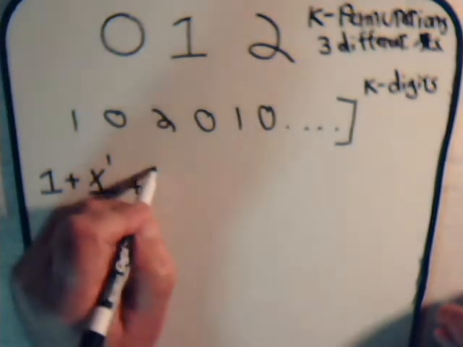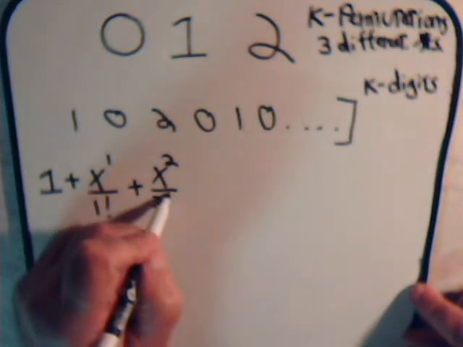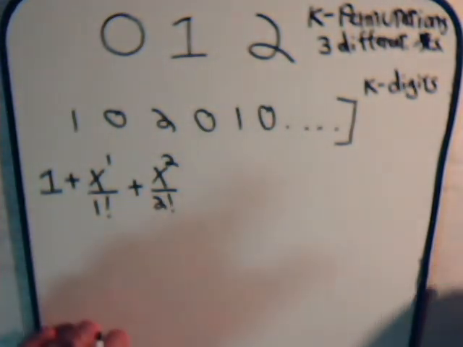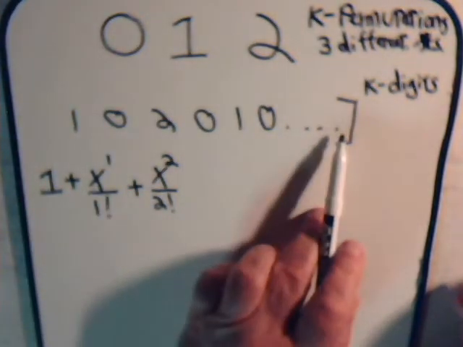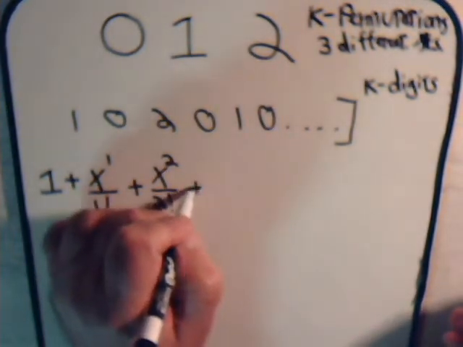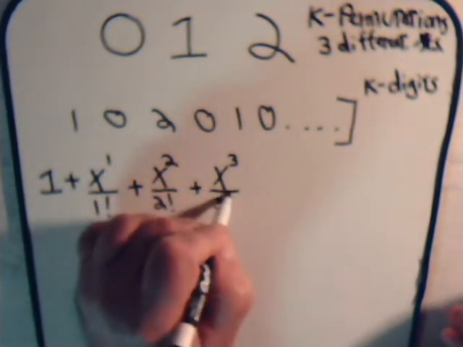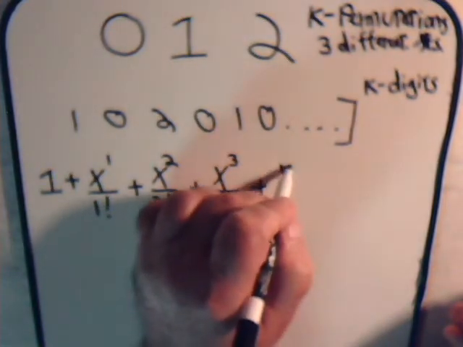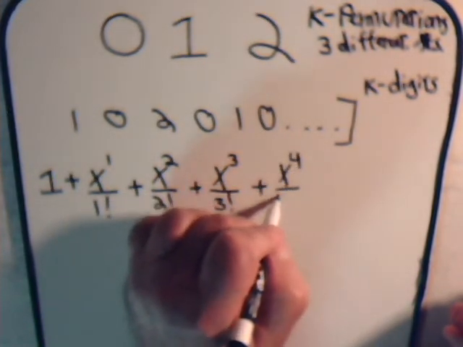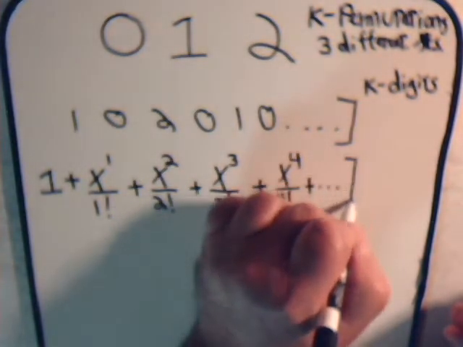Or 0 might be used twice. And in fact, we're not stating any upper limit as to the number of times that 0 can be used when we're constructing a k-digit number. So that means the exponential generating sequence just goes on out to infinity. So it'd be like this.